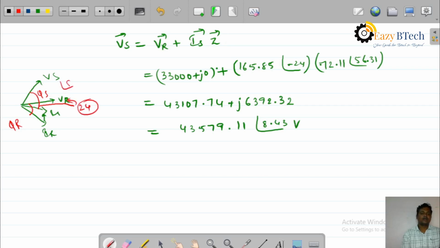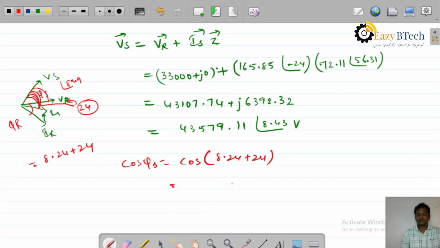VS is at an angle 8.43, which is the angle between VS and VR. Therefore, the angle between VS and IS is the sum of 8.43 plus 24. So the power factor of the sending end is cos of 8.43 plus 24. You get cos phi S equals 0.844.